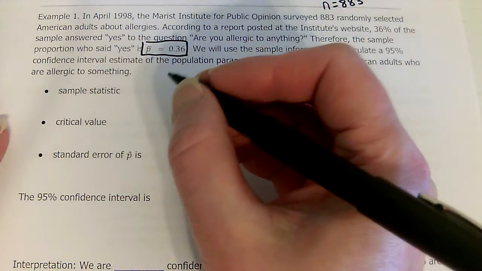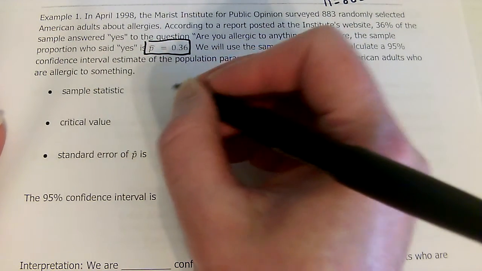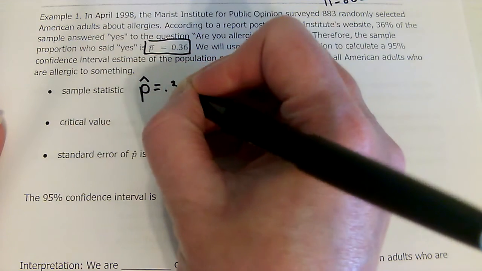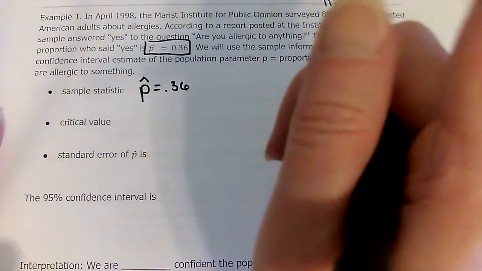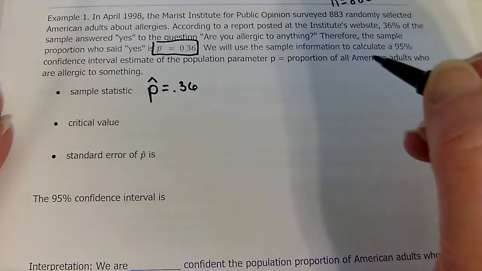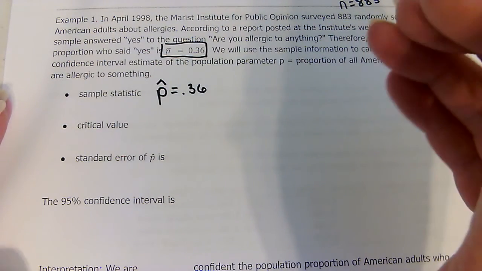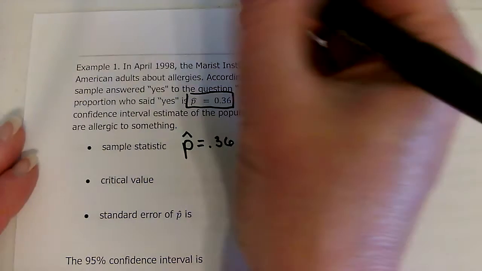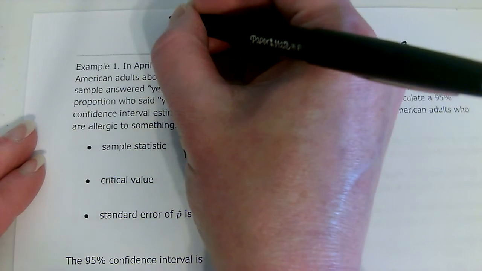So the sample statistic, that's our p-hat, 0.36. Now, before I can get started, I need to check my conditions. So we need to check the size.